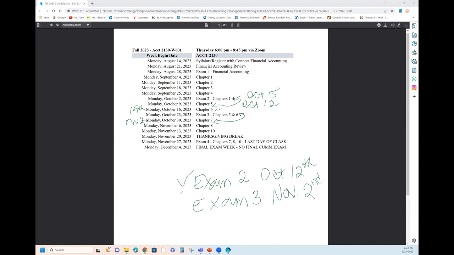But the 2 key things here are exam 2 is moved to the 12th of October and exam 3 is going to be on November 2nd. That means midterm grades are due on the 11th of October. Your midterm grades will just be from your first test and the homework. So if you didn't do so well on the homework, don't freak out on the midterm.